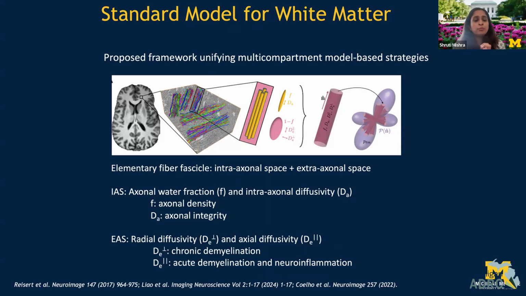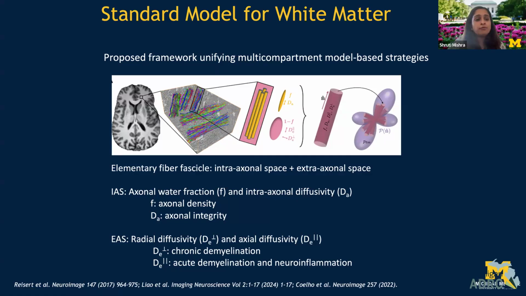In this proposed framework, the assumption that we make a priori about the structure is that within a voxel you'll have multiple groups of axons that may be oriented in different directions. Within a given group of axons, or an elementary fiber fascicle, your diffusion signal results from diffusion occurring in the intraaxonal space and diffusion occurring in the extraaxonal space.